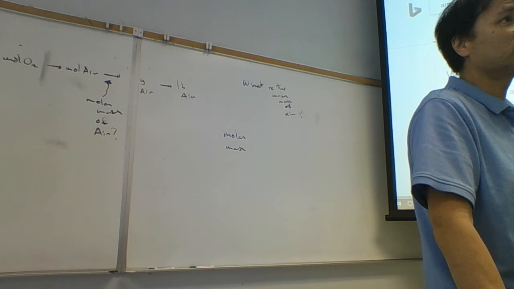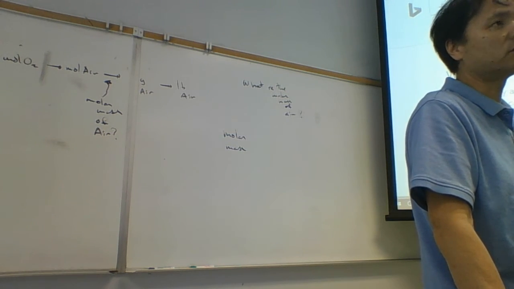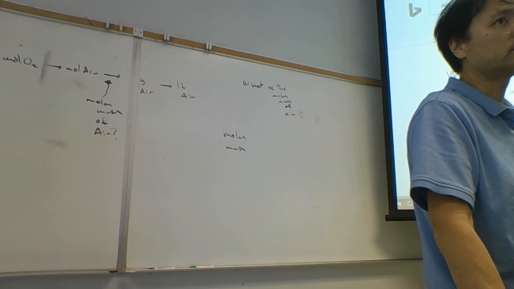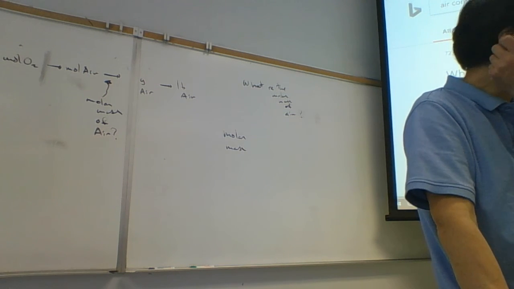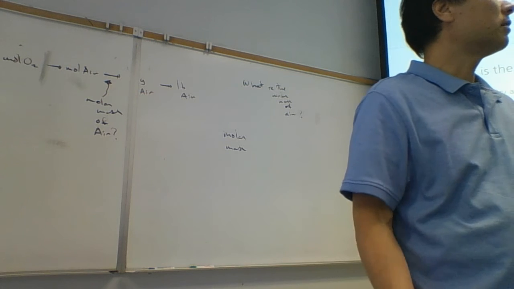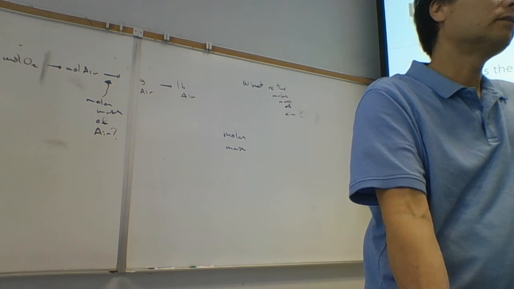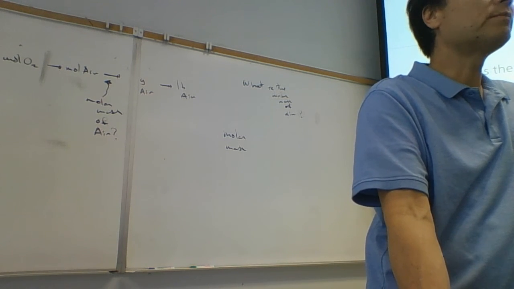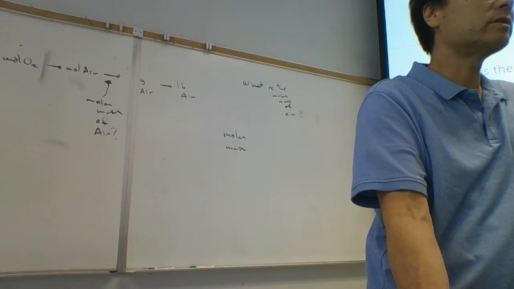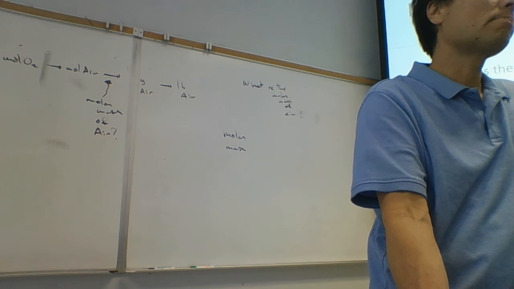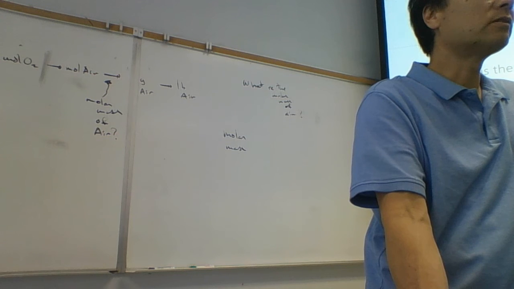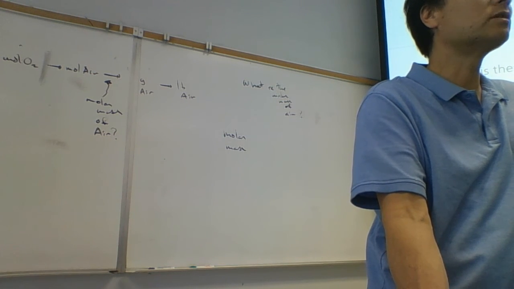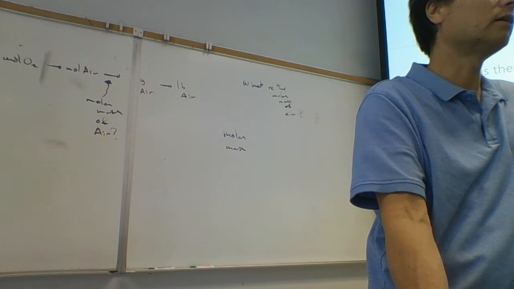The average mass of an atom is a weighted average of all the isotopes that it contains. For example, chlorine, 75% of the chlorine atoms weigh 35. 25% of the chlorine atoms weigh 37. And so if 75% weighs 35, 25% weighs 37, then the average mass is going to be 35.5.